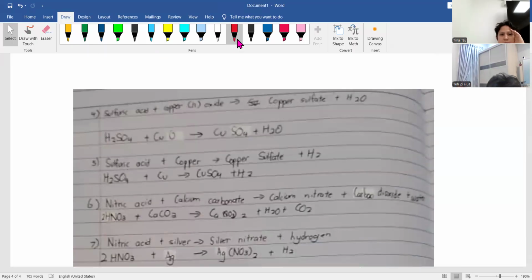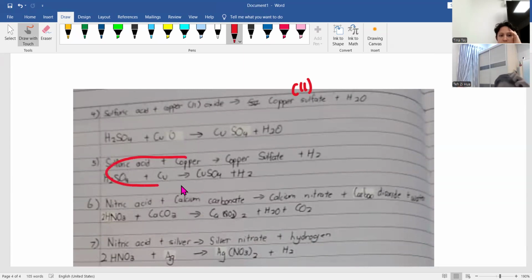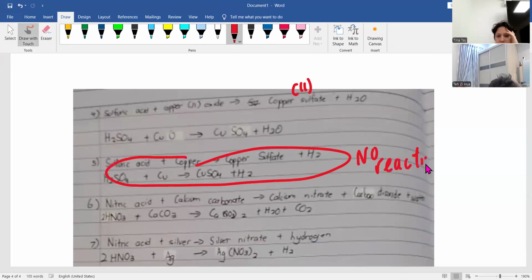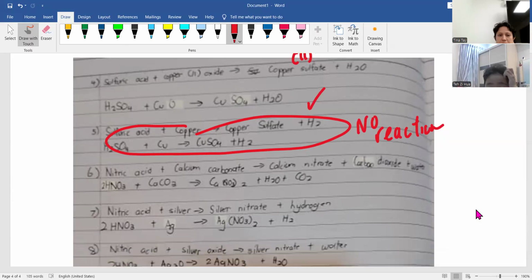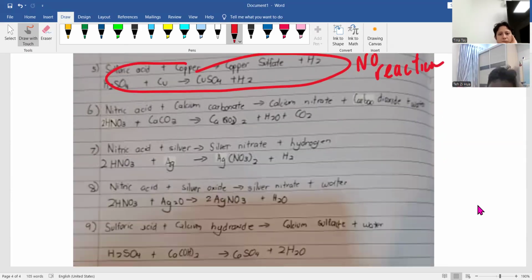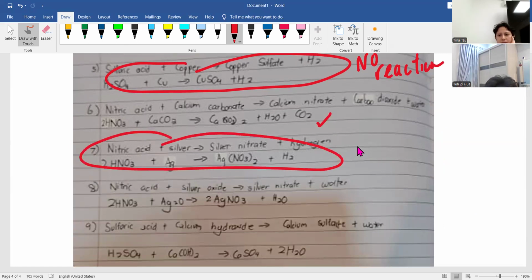This one also you need to call copper(II) sulfate. Remember this one? You must say no reaction. Acid doesn't react with copper, silver, platinum. If it didn't react with copper, it still can react with copper oxide, all these things, right? Yes, just the base. Copper cannot. This one also cannot. You forgot: no reaction.